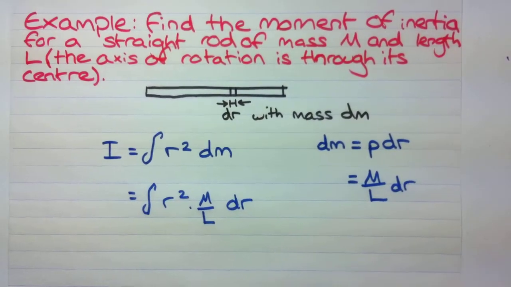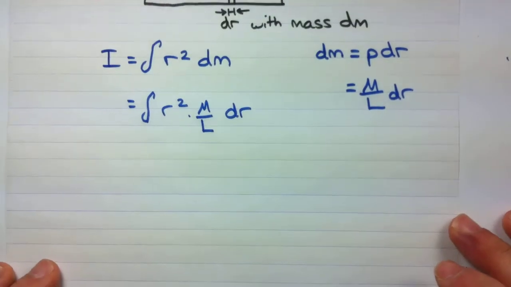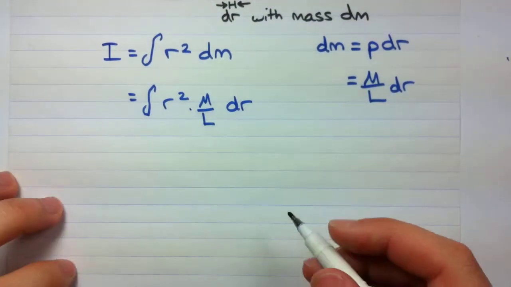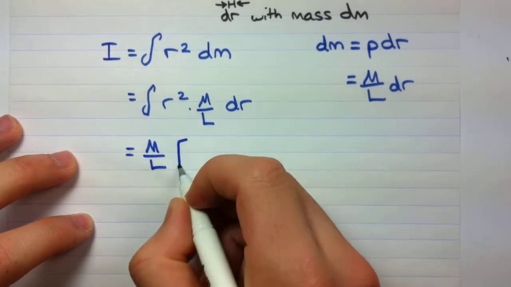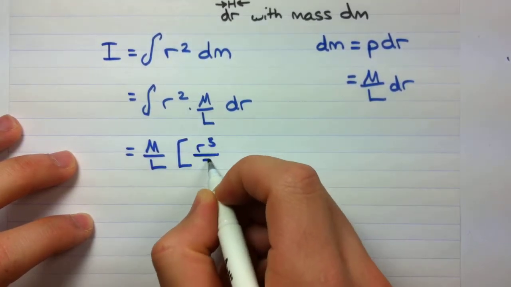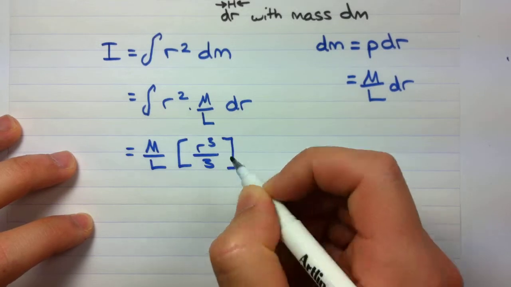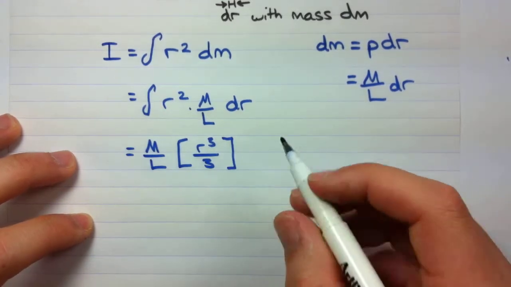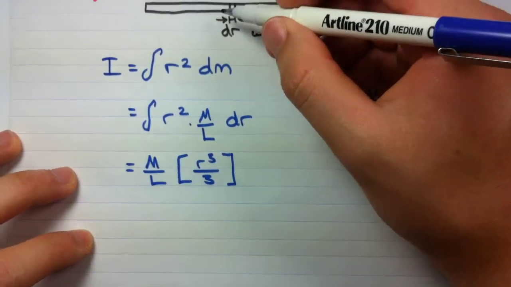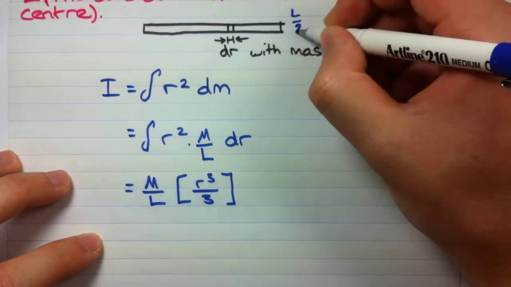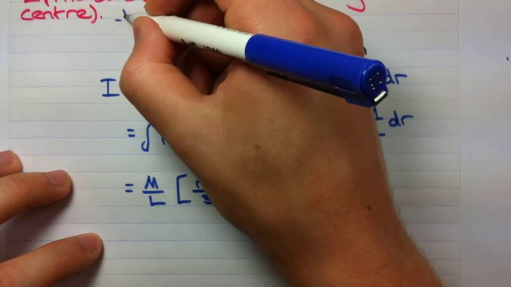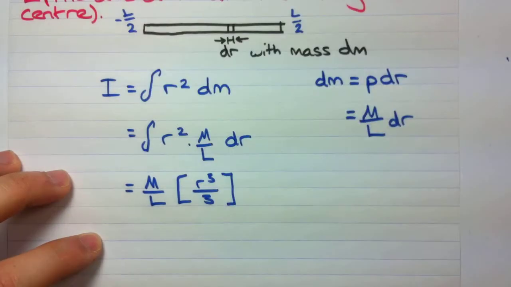Now it becomes quite a simple integration. The first part's complicated, the next part's quite simple. We can take that m over l out, and we end up with r cubed over 3. If it's rotating through the center, this point here is l over 2, and this point here is minus l over 2.